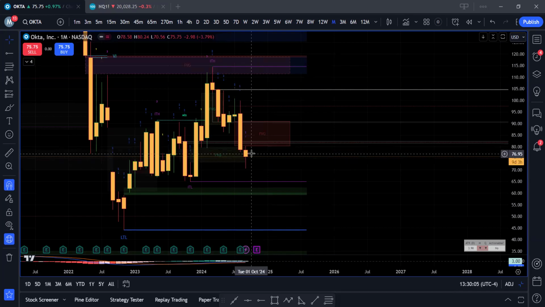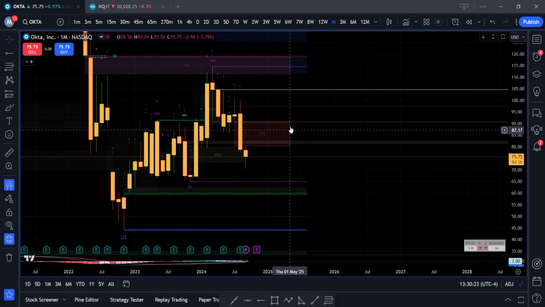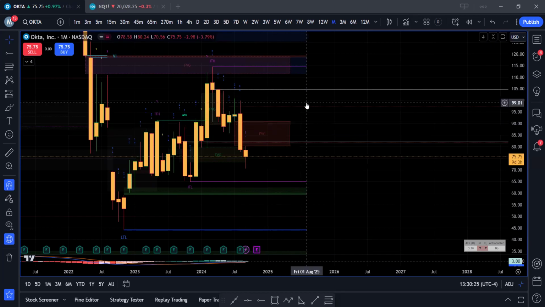And then the month is not closed. A lot can happen in a week and a day, 6 days, right? So I would want to see how this closes. Now, if this closes not in force and it closes bullish, then I'm probably going to be thinking possible reversal back to the upside on the monthly.